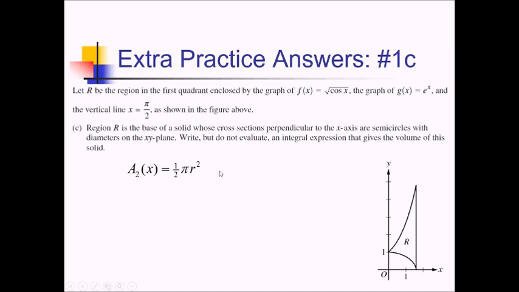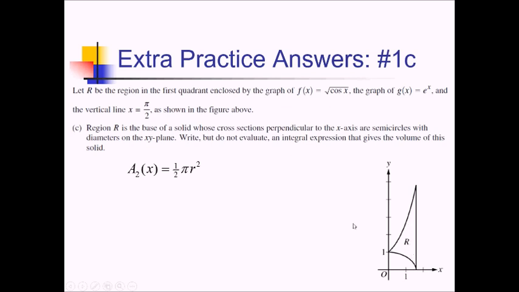Let's keep going. For the radius, they said that the diameter of these semicircles that are popping out of this area are on the xy plane. So the distance between the two functions, e to the x minus radical cosine of x, or I guess you could say g of x minus f of x, is the diameter of these semicircles.